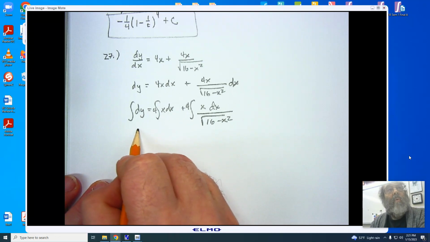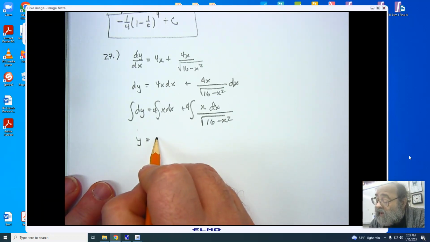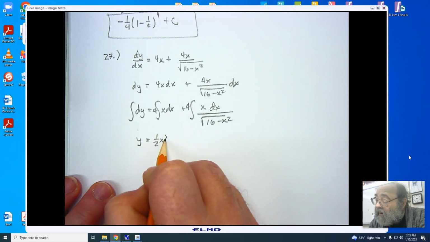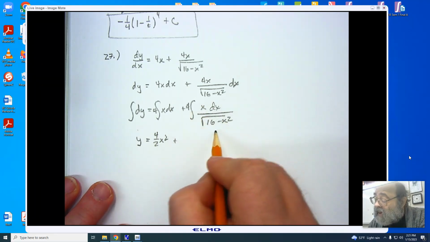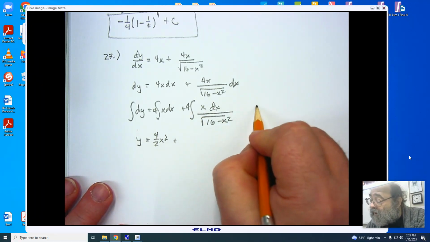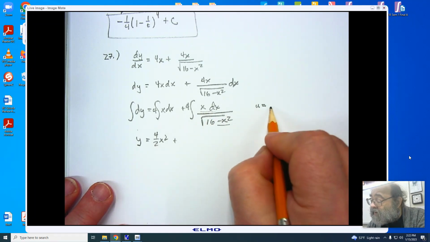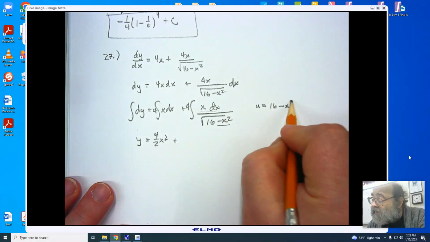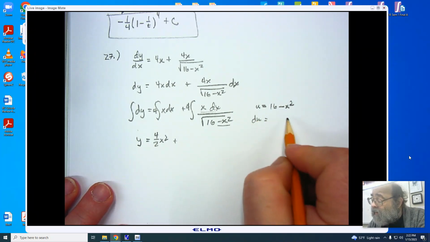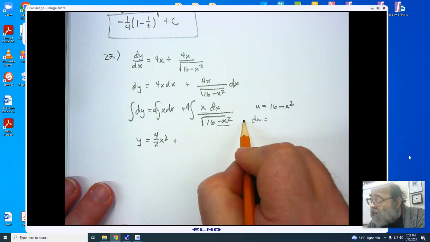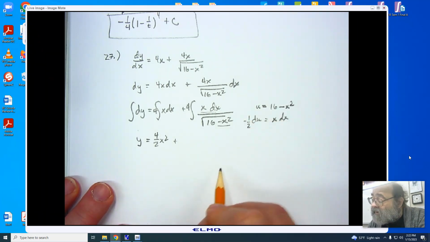Now this piece on the left side is a very simple y equals. This is going to give me 1/2 x squared multiplied by the 4. And then I have this piece. In order to do this, this is where we have our u-substitution. See how we have an x squared and it goes to an x to the first. u equals 16 minus x squared. Then I have du, and I'm going to end up with this negative 2x dx, so I'm going to have negative 1/2 x dx.